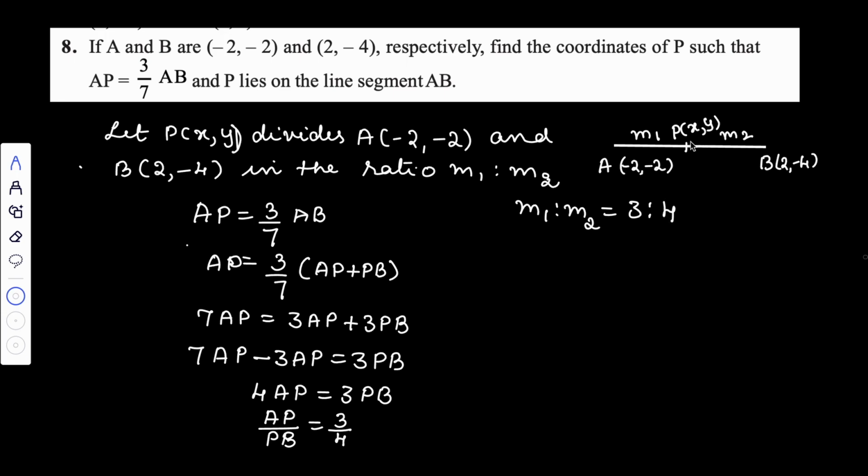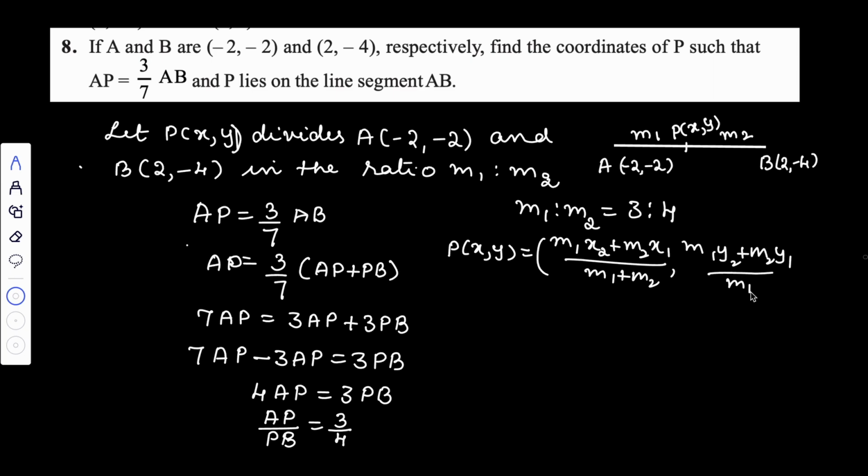Now we want to find P (x, y) using the section formula. P (x, y) is equal to (m1 into x2 plus m2 into x1) divided by (m1 plus m2), (m1 into y2 plus m2 into y1) divided by (m1 plus m2). Now we'll substitute the values. Here we have m1 and m2.